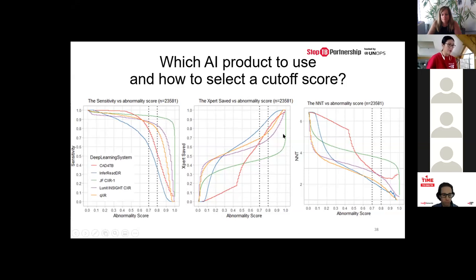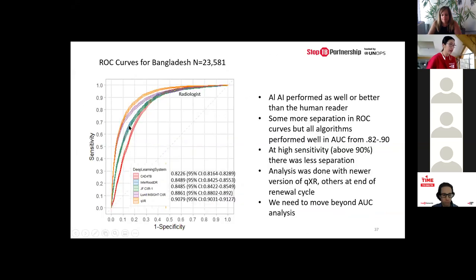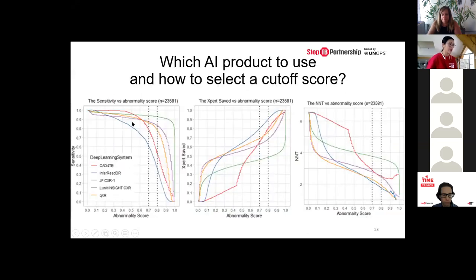But of course, that comes with the expense of testing, which I'll show you later. Then this blue curve, which we saw earlier completely overlaps with this green curve in the ROC, is now the polar opposite of the green curve.